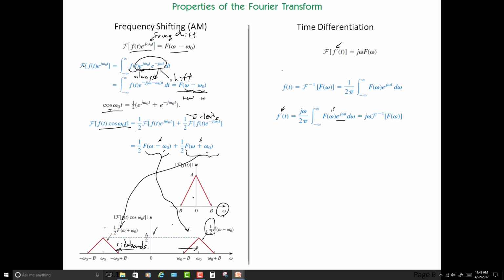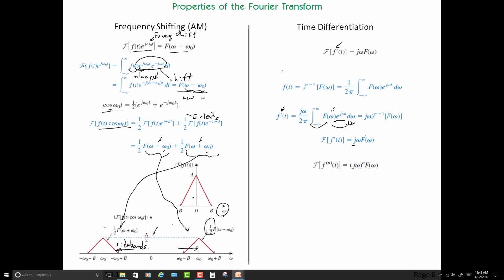So if I pull that out, I recognize underneath, I'm sorry, that this is our original F of omega. Then I've got this times that, and so the Fourier transform of my derivative is just j omega, keeping the imaginary j, omega times the Fourier transform of the function itself.